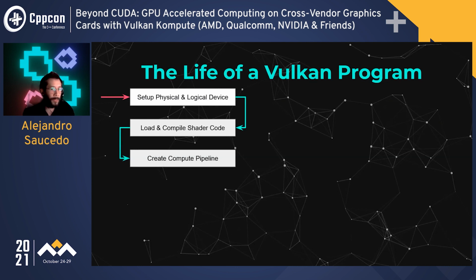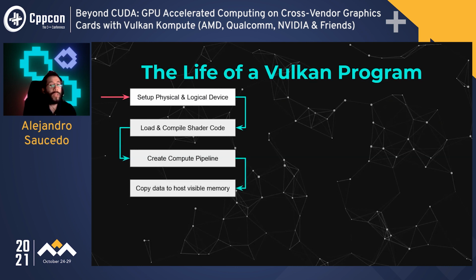In this case, it's not a graphics pipeline, it's a compute pipeline. We would then copy our data from the CPU into GPU host visible memory, right? So it's a section of the GPU memory that the CPU has access to. Of course, this is a slightly slower set of memory addresses when the GPU performs processing, right?